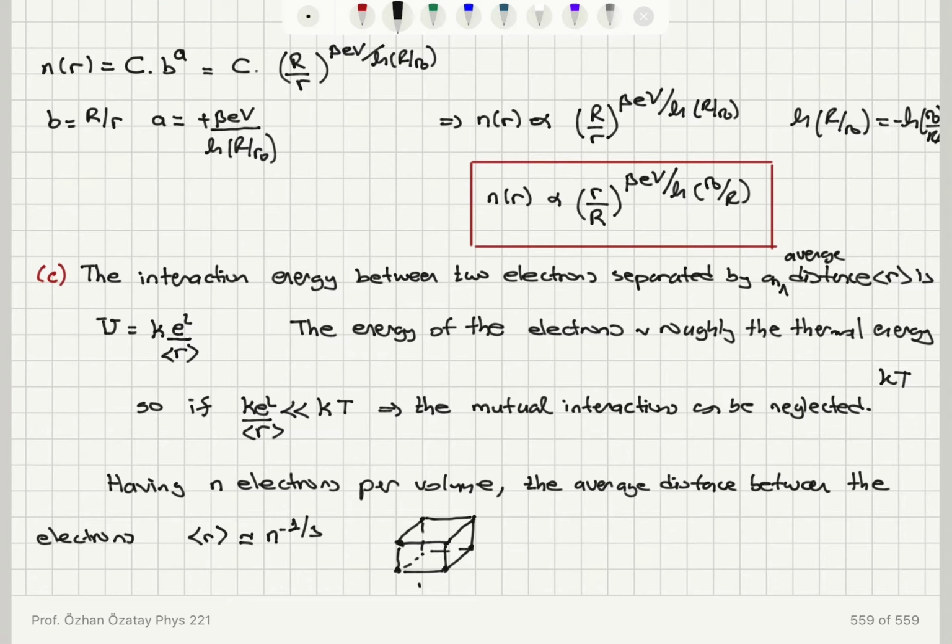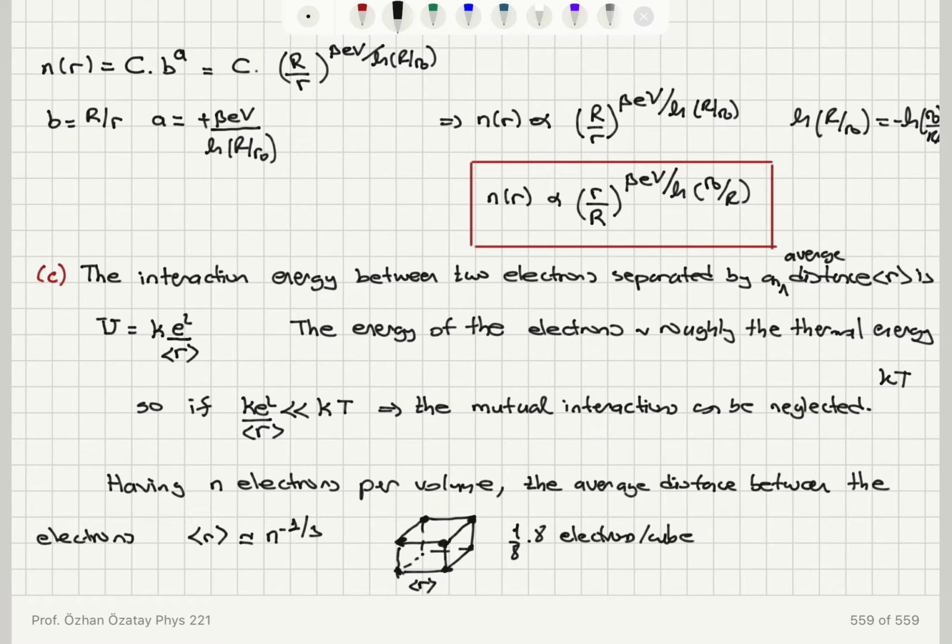If this is the average distance between the atoms, we have 1 over 8 times 8 atoms. In this case we have electrons per cube, and we can say that there is 1 electron per cube.